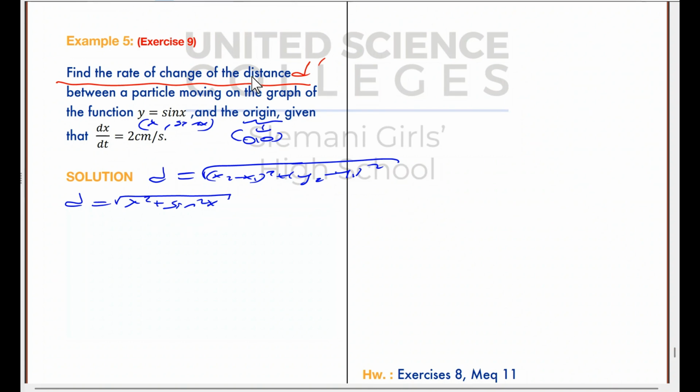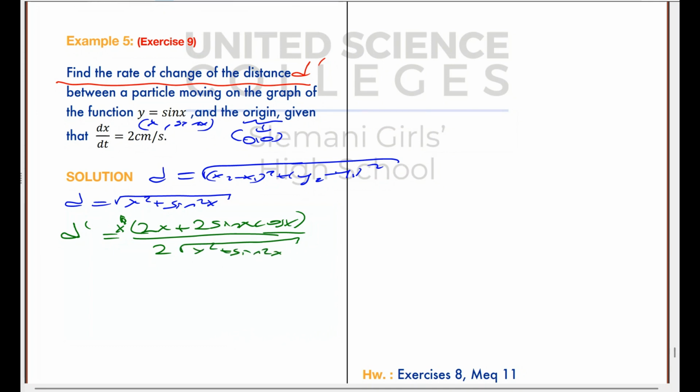The rate of change of distance means take the derivative of d. So what is the derivative of square root functions? It's the derivative of the inside, which is 2x x prime. I'll take x prime out because I'll have x prime from this one too. Plus the derivative of sine squared: there's a power here, apply the power rule, 2 sine x cosine x times x prime. Since x prime is common for both, I took it out. Over 2 times the square root of the same expression.